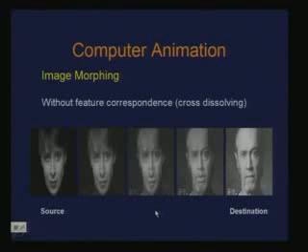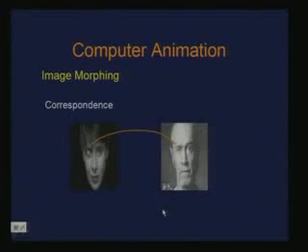Right? So now to fix this, we need a correspondence. That means this eye needs to go to this eye, and so on. Nose has to go here. So I need to specify the correspondences between the source and the target. So this can be done manually.